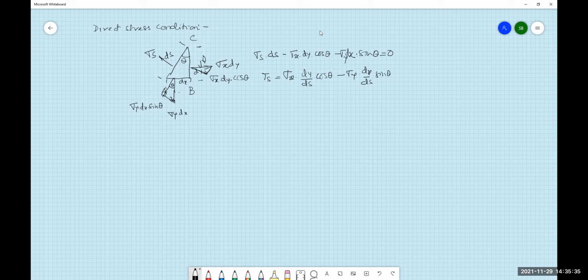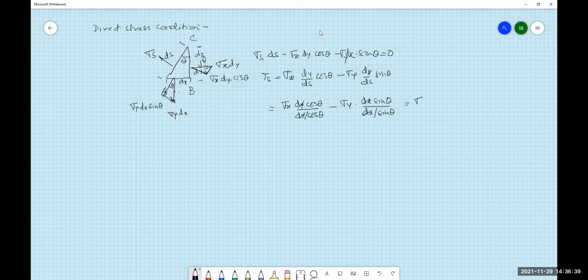We can write it like this: sigma x into dy cos theta, and what is dx? dx is given by dy divided by cos theta, minus sigma y into dx sin theta divided by ds. ds means this is the base. ds is equal to dx by sin theta, which becomes this: dy is cancelling each other, dx is cancelling each other.